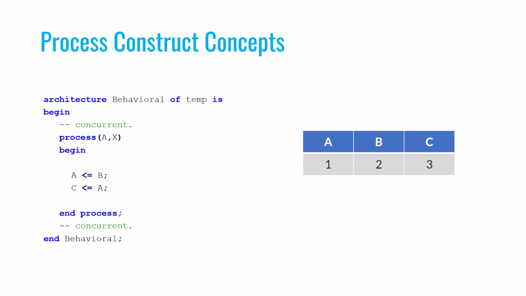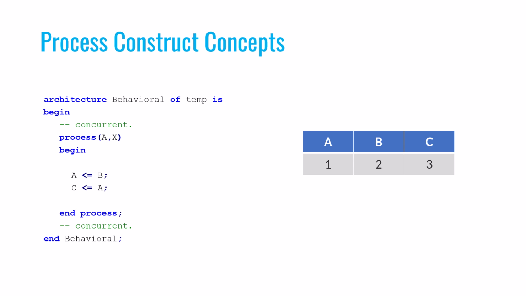First, B is assigned to A, and then A is assigned to C. What do you think the values of A, B, and C will be after the process ends? The outcome might be different from what you expect, especially if you are coming from a programming background. With a programming mindset, you might think that B, which is 2, gets assigned to A, making A equal to 2.